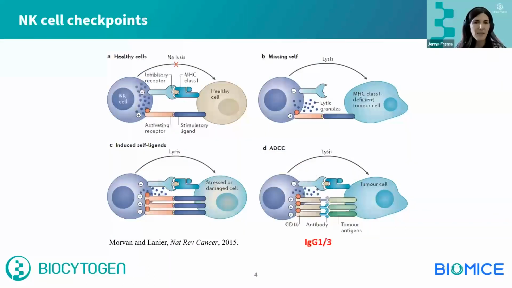So what are these activating or inhibitory receptors? Well, NK cell activity is generally regulated by these receptor proteins on the cell surface, and they can be divided into two main categories. So we have killer cell activating receptors and killer cell inhibitory receptors. Under normal circumstances, the activating receptors bind to certain antigens on healthy cells to generate activation signals, while the inhibitory receptors bind to MHC1 to ensure that these normal healthy tissue cells are not destroyed.